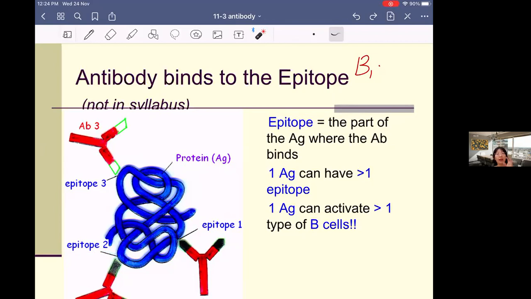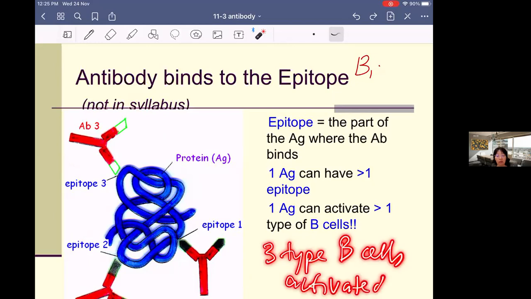So when one antigen enters our body, it can initiate different types of antibody being produced against that one antigen. In this case, 3 different types of antibodies are produced. That means 3 types of B cells are activated.